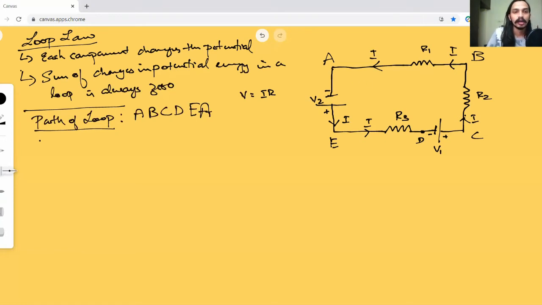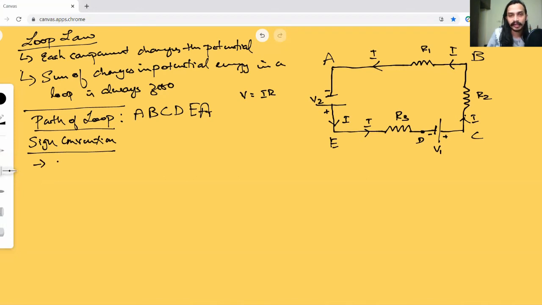Now, when we calculate, we need to look at the sign convention. Basically, is it positive or is it negative? How does the sign convention go? First, we'll talk about batteries.